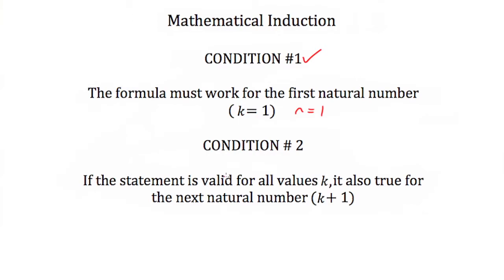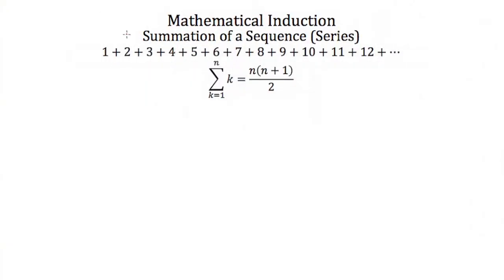So if we assume that it's valid for all values of k, all we have to do is check if it's valid for the next natural number, k plus 1. If we go back to our formula, and we say that this formula should work for all values of k, or all values of n, then we just check and see if it works for the next value, k plus 1.